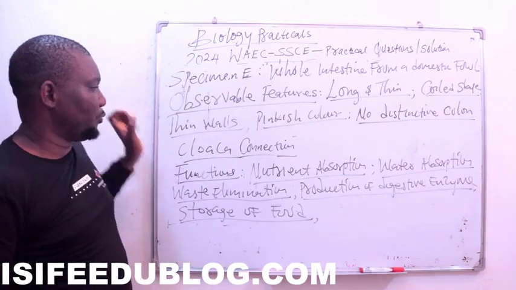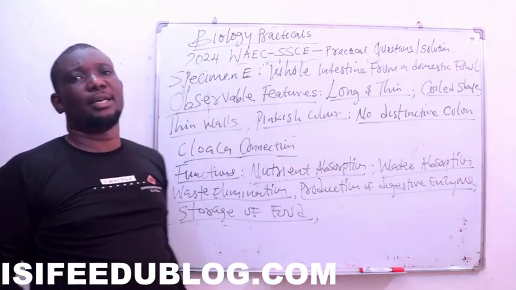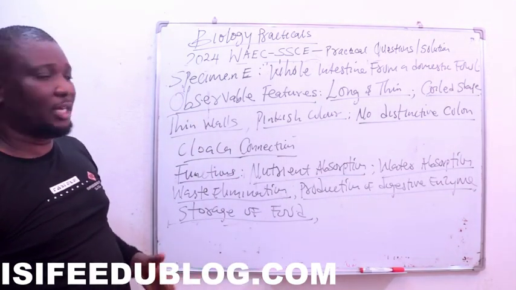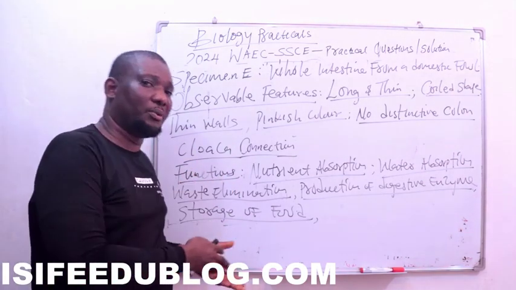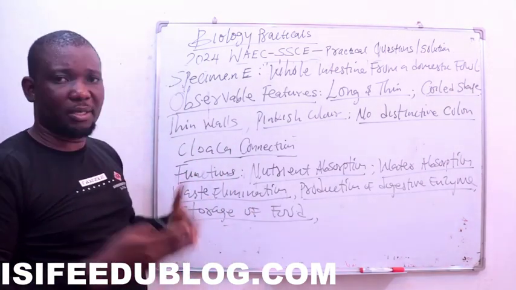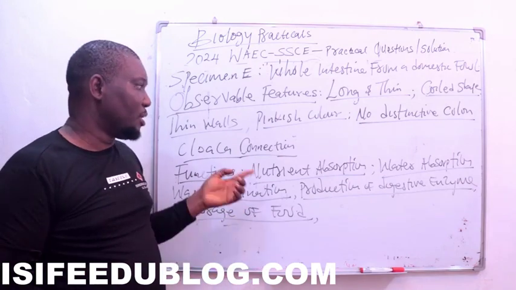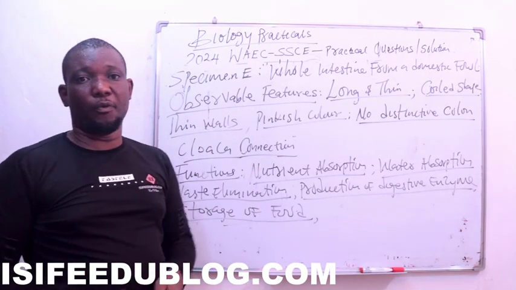So now let's look at the function of an intestine. Just like the intestine of a fowl, the function of the intestine remains the same for every organism. First of all, absorption of nutrients.